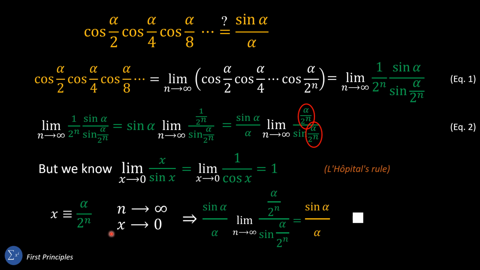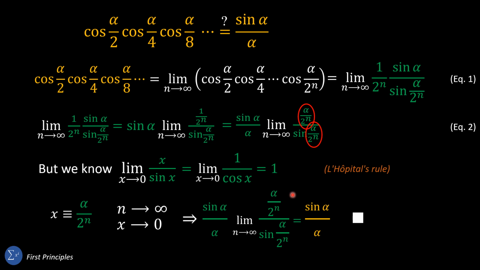So really the equation 2, what I have is sine alpha divided by alpha, and this limit alpha divided by 2 to power of n, I can use the limit that I proved, x divided by sine of x, as limit when the x goes to 0 is equal to 1.